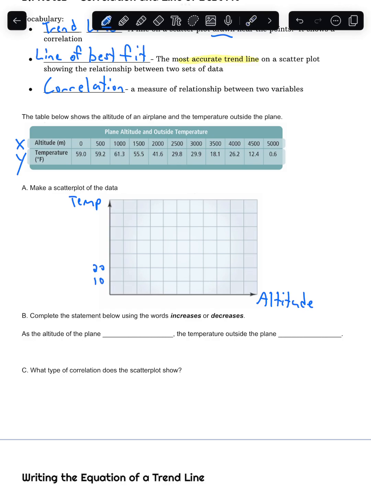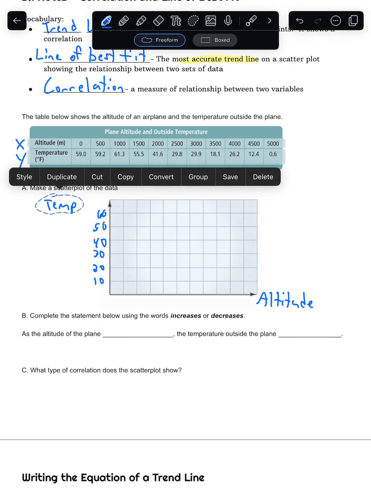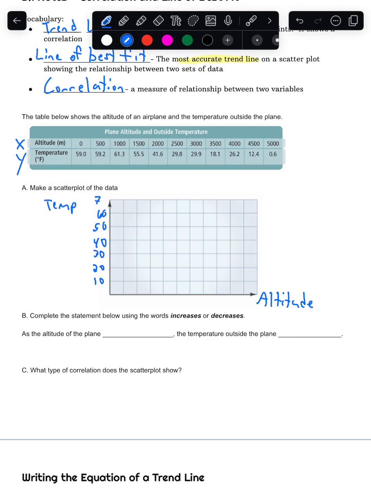So let's label those lines. Label yours 10, 20, 30, 40, 50, 60. I have to take my label and move it a little bit here. Okay, there we go, and I'll make that 70.